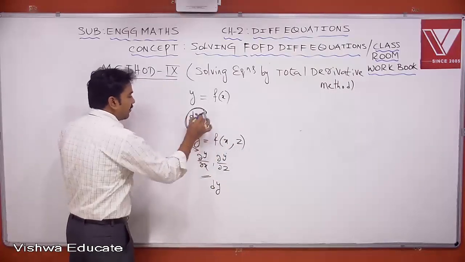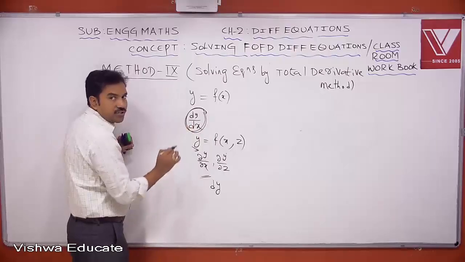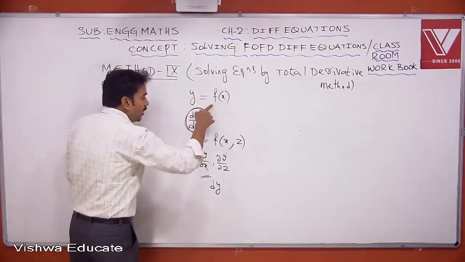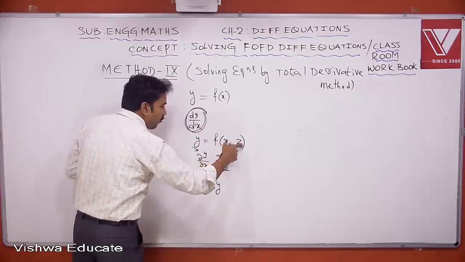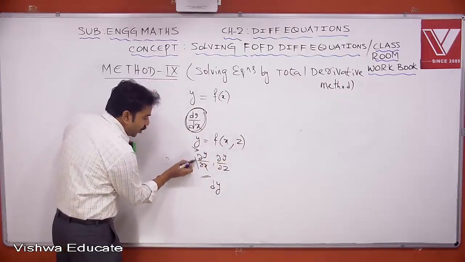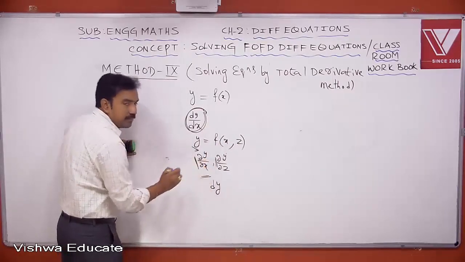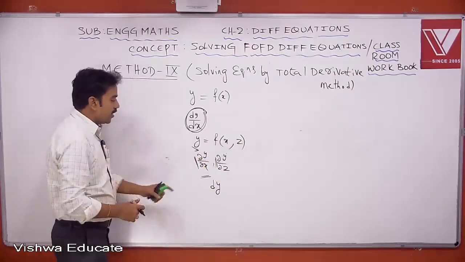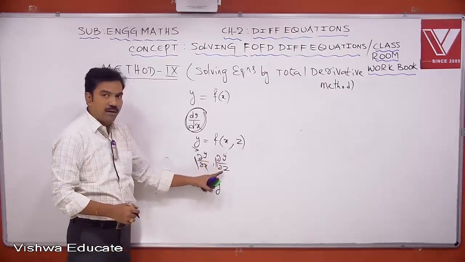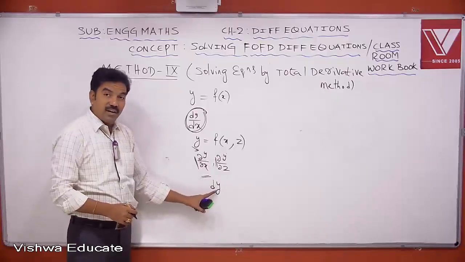So this is an ordinary derivative, change in y with respect to x, when y depends only on x. Here y is expressed in more than one variable, so I can discuss ∂y by ∂x and ∂y by ∂z. Another derivative is dy.